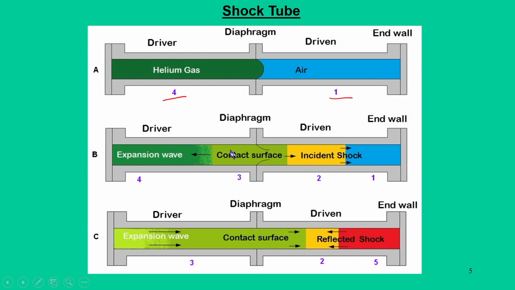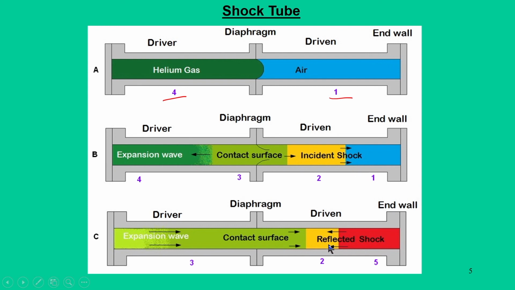Slowly, when the expansion wave moves, conditions 3 and 4 finally merge, and they become a common condition 3 in the last figure. So, basically, the shock wave moves in the driven section, the expansion wave moves into the driver section, and when the primary shock moves, it is followed by a contact surface. Now, what happens in the next situation?